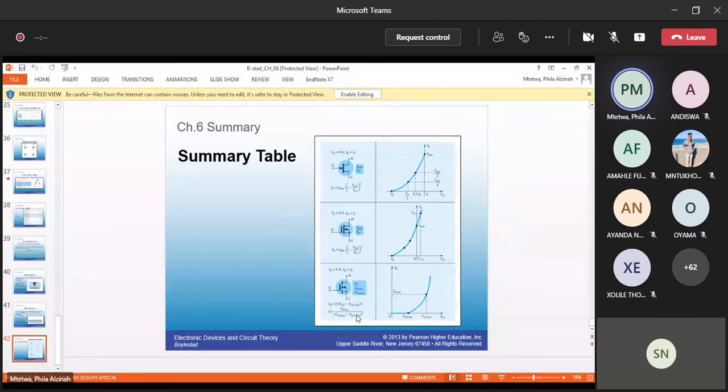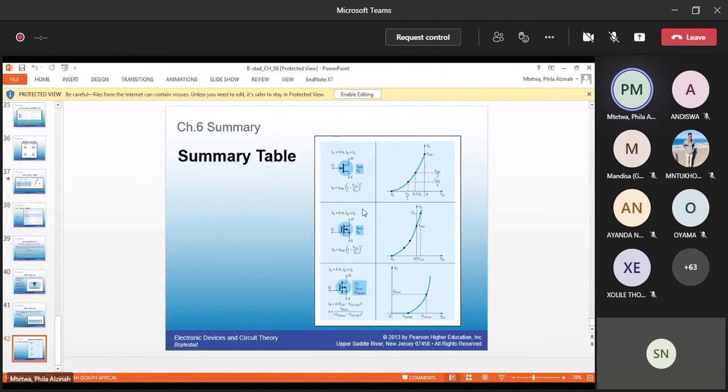We're going to see this more in the forthcoming chapter where we'll be solving for our output current. Basically, this is the end of chapter 6. It's more theoretical knowledge. There won't be any calculations in this chapter.